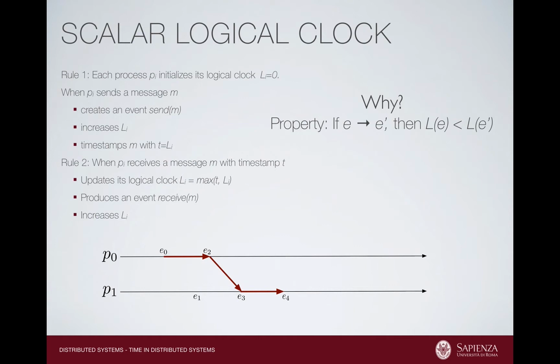Then we have an edge that cuts across processes, going from one process to the other, and this corresponds to a message that is in flight. We can have any combination of these two things, but there will be a combination of them that creates a path between the two events that are causally related. So in this case, E0 and E4.